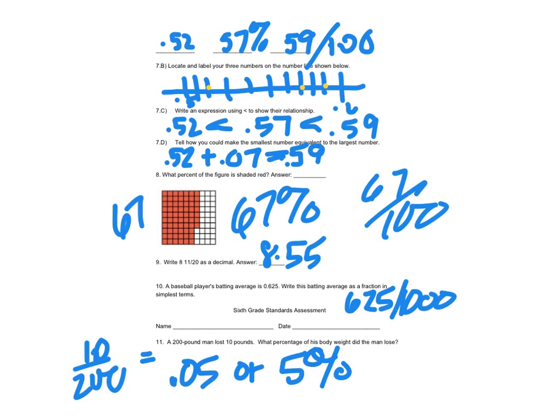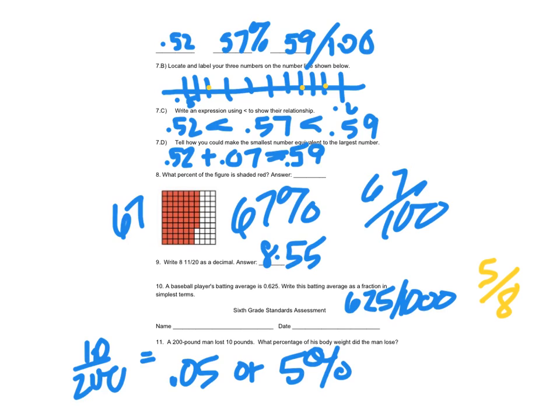That goes into 625 5 times, and into 1,000 8 times. So that's 5/8. What that batting average means is that 5 out of 8 times this player is going to get a hit. So they're going to get on base 5 out of 8 times. That's a really high percentage. This is a player that you want to have batting for you as often as possible.